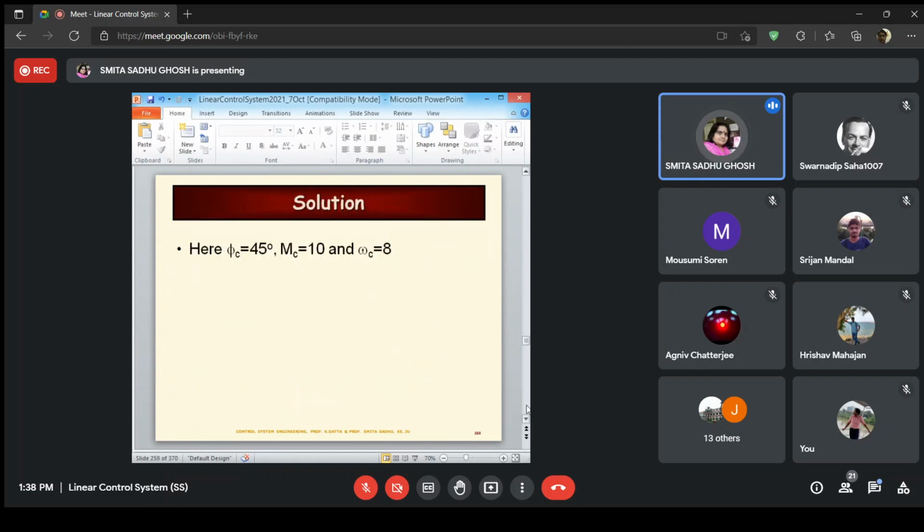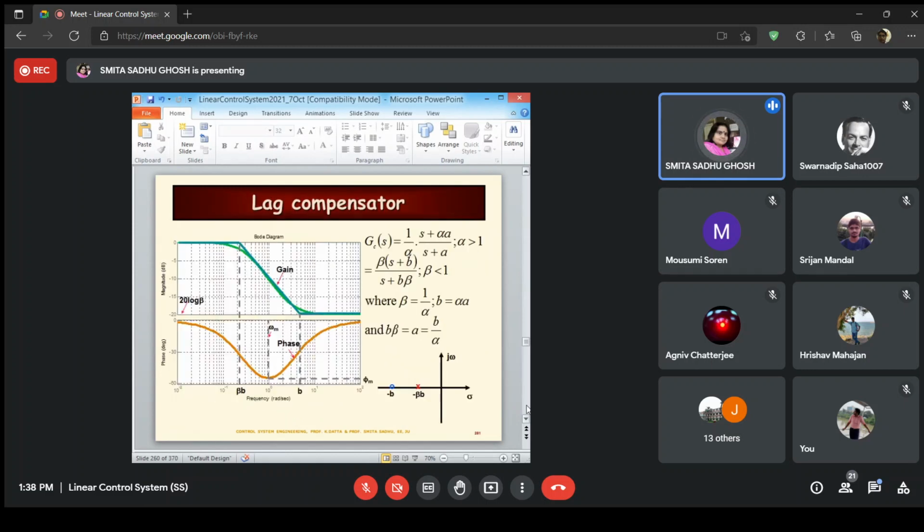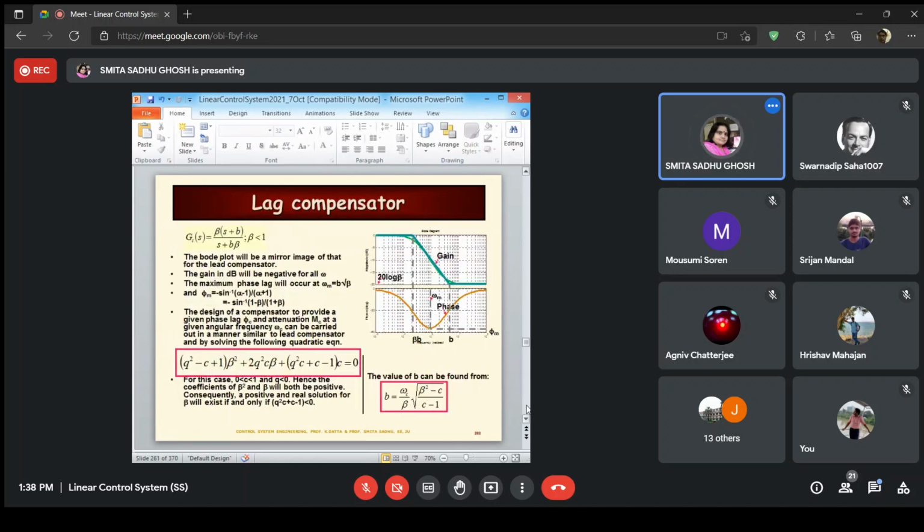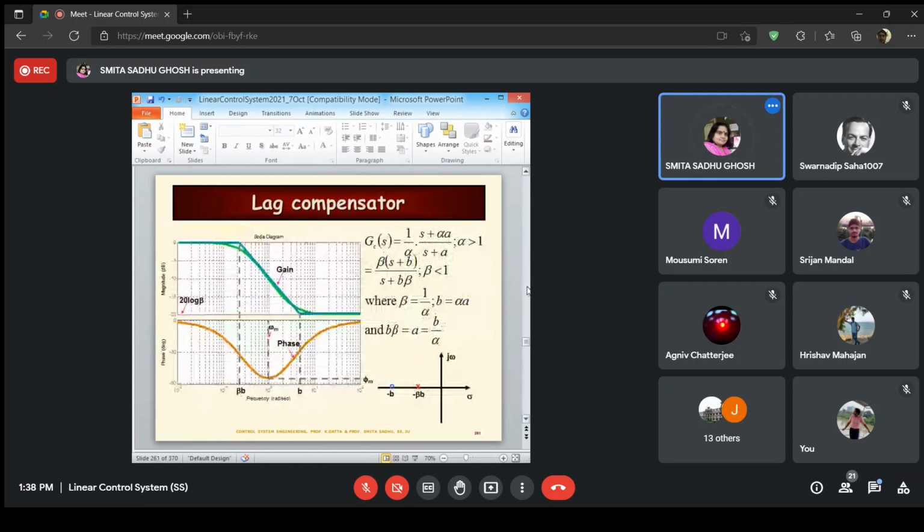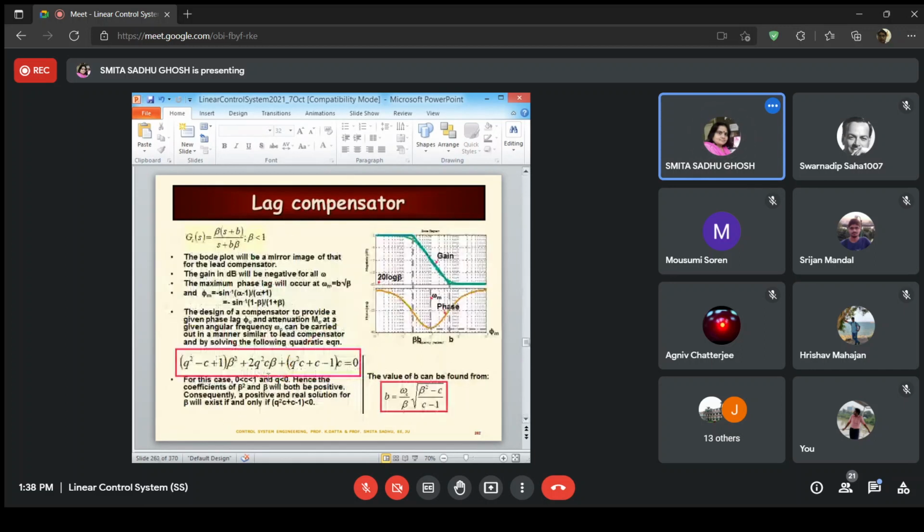Similarly, for the lag compensator, once you decide on the values of your omega c, mc, and phi c, you would again be able to calculate q and c and then solve for the quadratic. So here again, this is the lag compensator that I'm showing. Q is equal to tan phi c, and c is equal to 10 to the power of mc by 10.